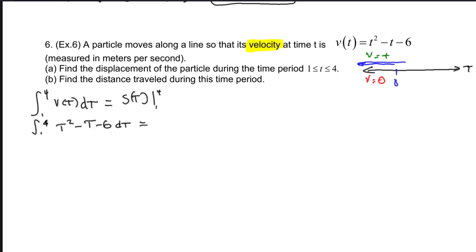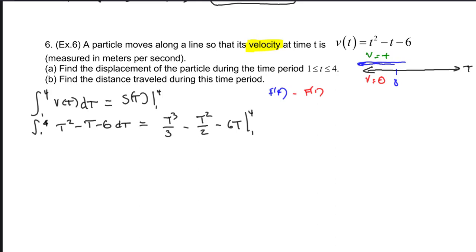So the integral of t squared is 1/3 t cubed, minus the integral of t, which is t squared over 2, and the integral of 6 is minus 6t. We're going to evaluate that from 1 to 4. That's just the same thing we've been doing: it's F of 4 minus F of 1, where big F is the antiderivative, which we got.